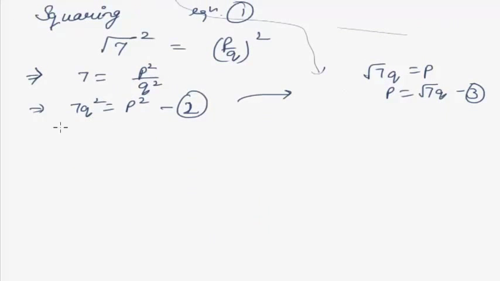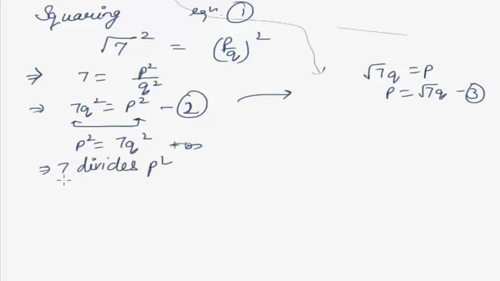Now friends, what does this equation signify? p square equals 7q square. That is, if we see it as a case of Euclid's division lemma with remainder 0, then we can say that 7 divides p square, and 7 is a prime.